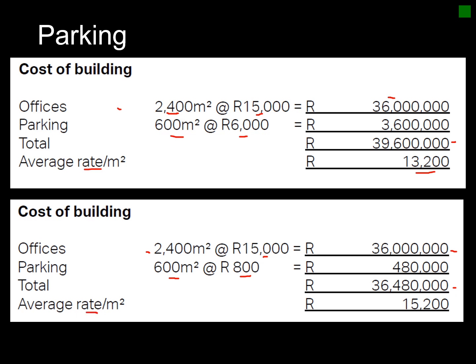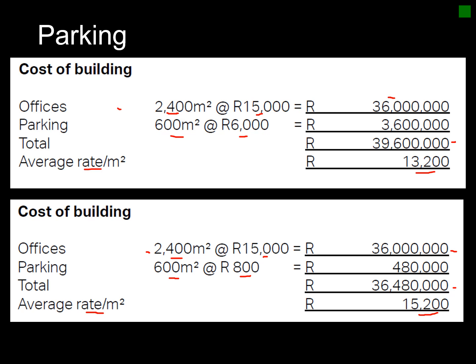But remember, now your rate per square meter is divided by 2,400 square meters and not the total 3,000 square meters. So your rate per square meter works out higher because you're working with your building's square meter rate and not your parking. Okay.